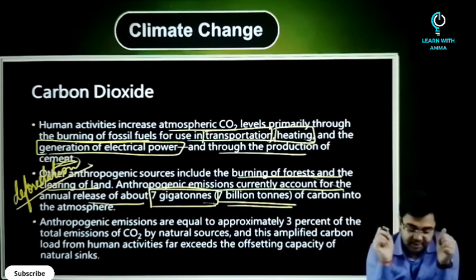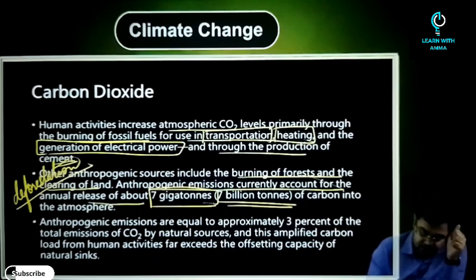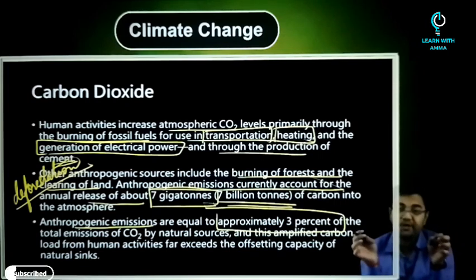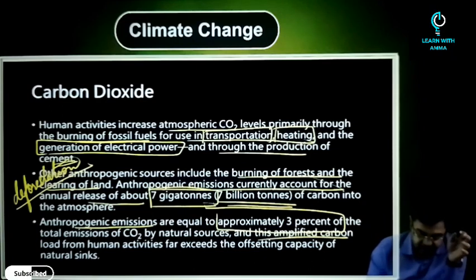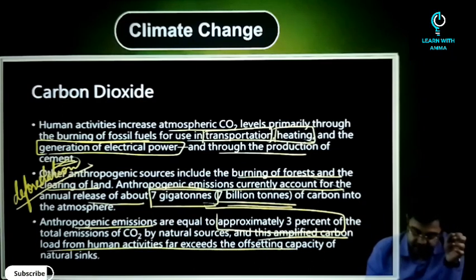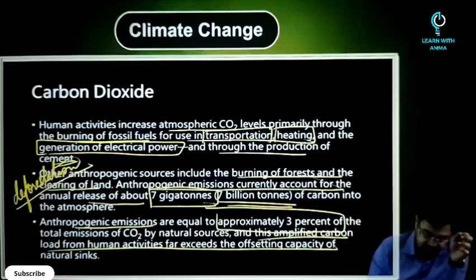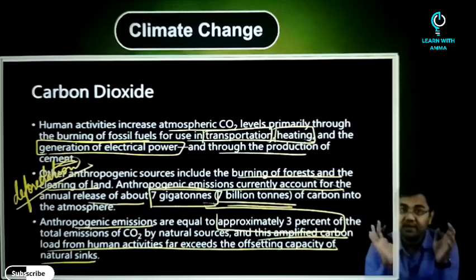So this is the major problem, because these anthropogenic emissions are equal to approximately 3% of the total emissions of carbon dioxide by natural sources, and this amplified carbon load from human activities far exceeds the offsetting capacity of the natural sink.